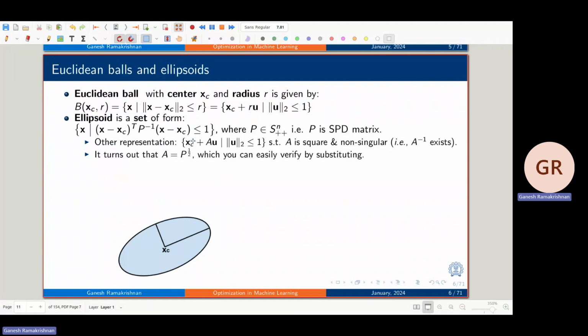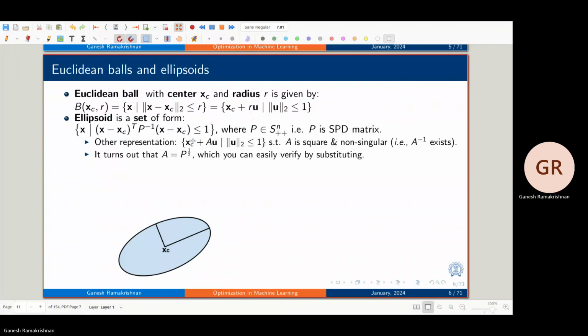Now there are other representations also. XC plus AU is another representation, such that the 2 norm of U is less than or equal to 1. This is not very different.